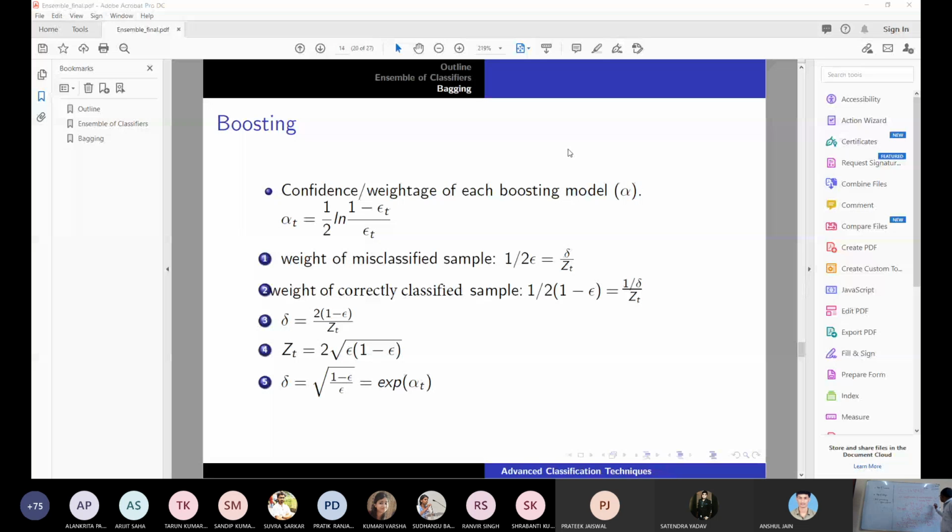Now the same thing here. If we normalize 1 by delta t, this is the same as 1 by 2 into 1 minus epsilon, that I said a few minutes before. Do you agree with me? Yes, sir. This is equation number 1, and let's say this is equation number 2.